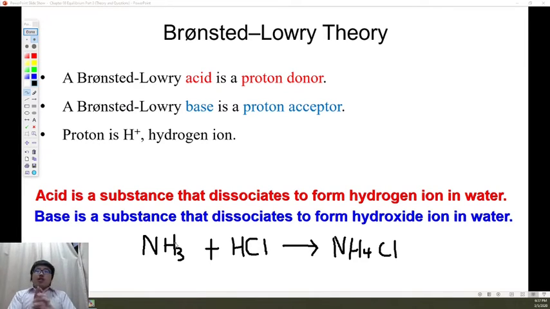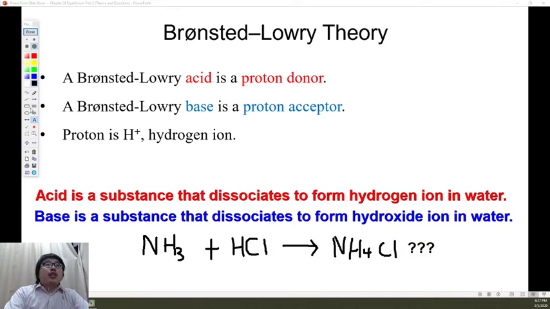If you look closely, there is no O at all, no hydroxide, and yet ammonia reacts with HCl to form ammonium chloride. The question right now is, what do we call this? Do we still call this an acid-base reaction, with no water formed and no hydroxide? So at the end of the day, they decided to expand the definition of acid.